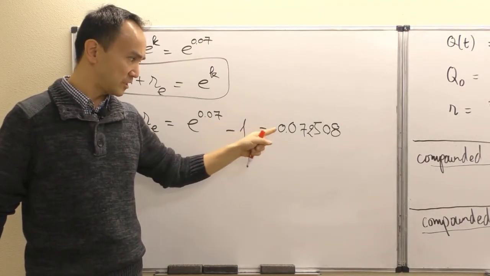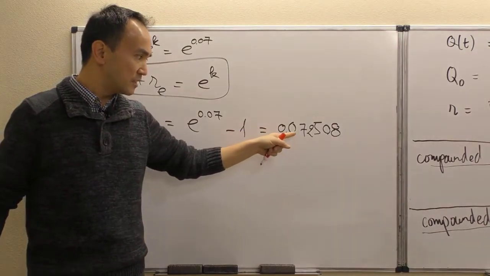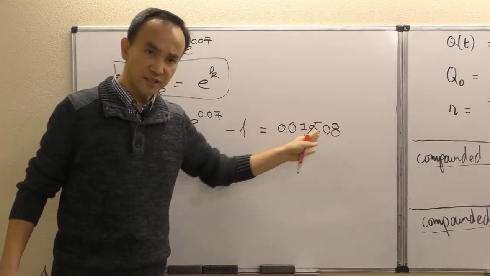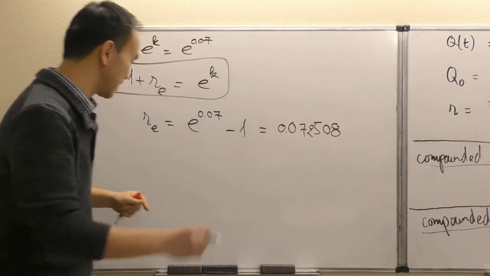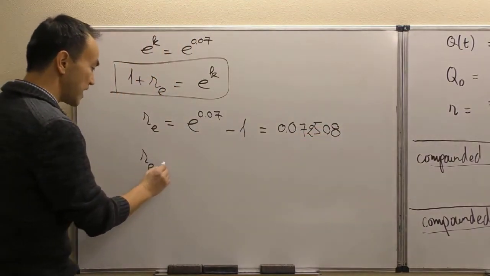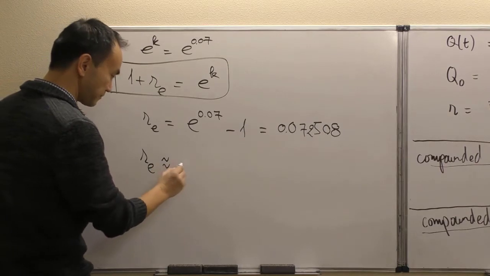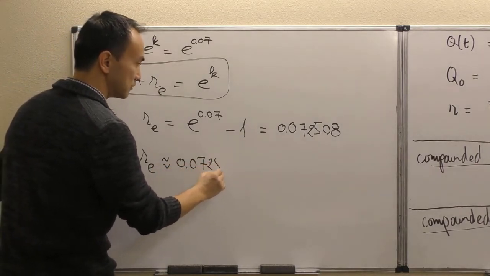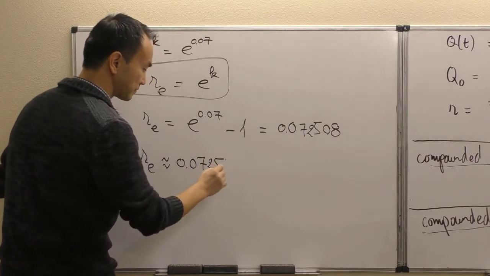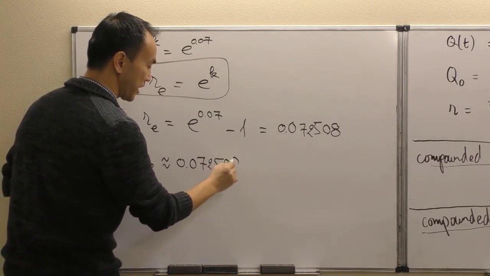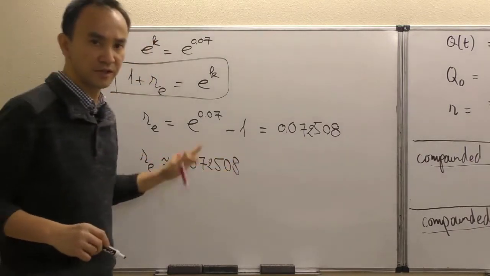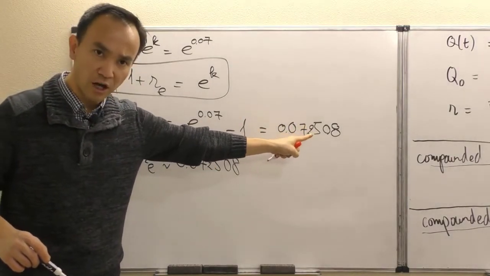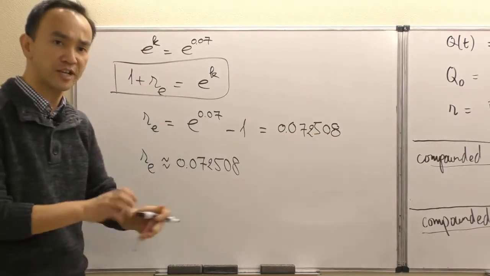Precisely speaking, it's 0.072508. Even if I go with only 5 decimals, the effective rate is about 0.072508. The real calculation went a lot longer, but I already rounded to 6 decimal places.